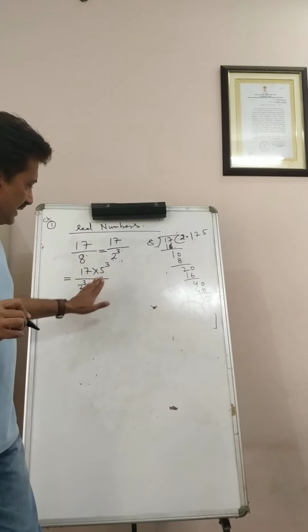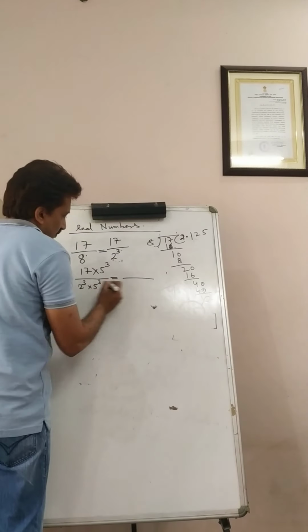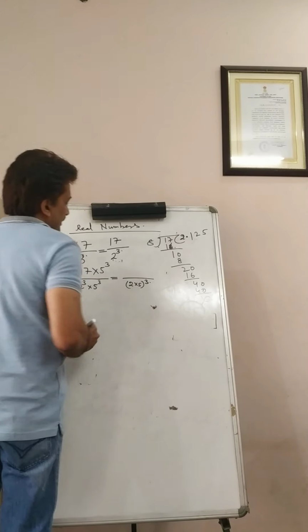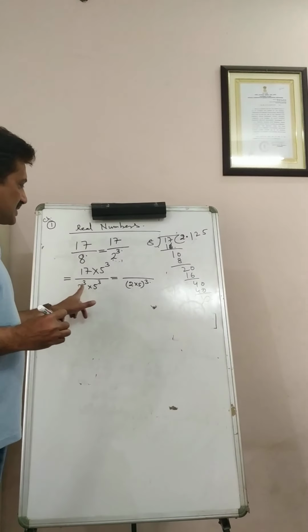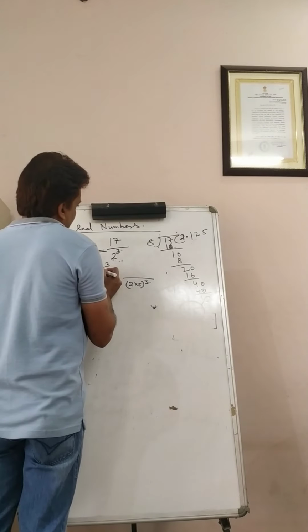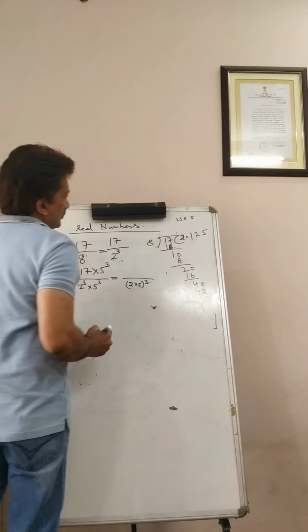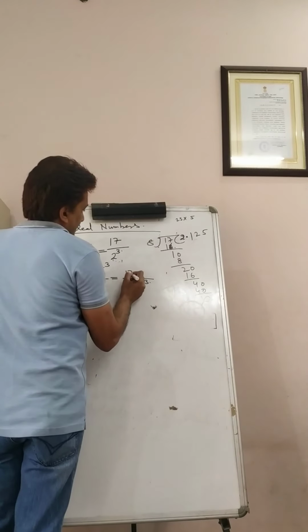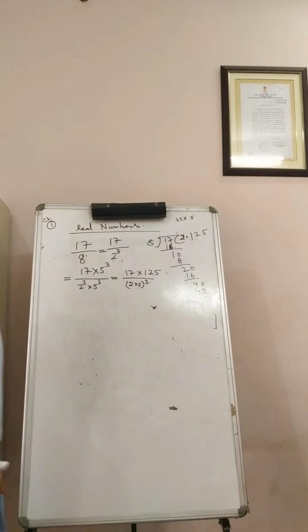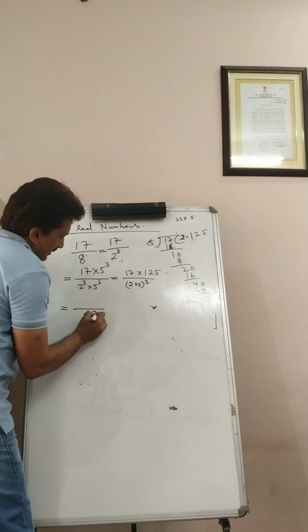Multiply numerator and denominator both by 5 raised to 3. Now the denominator will become 2 into 5 raised to 3, because when the powers are the same, the bases are multiplied. Solve this: 5 into 25, 25 into 5. What are you going to get? 17 into 125 over 10 raised to 3.